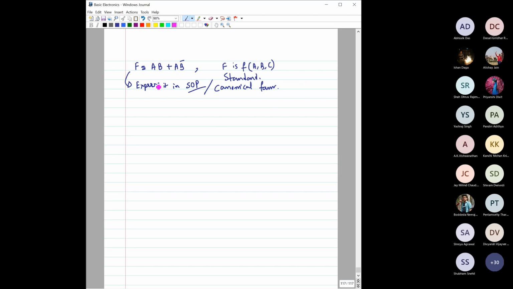So here F is equal to AB plus AB bar. Should we say product of sum or sum of product?